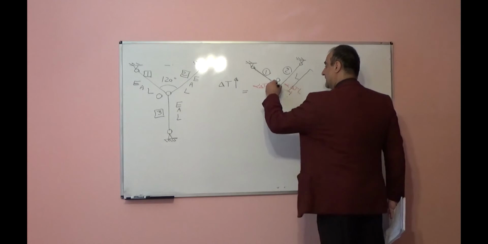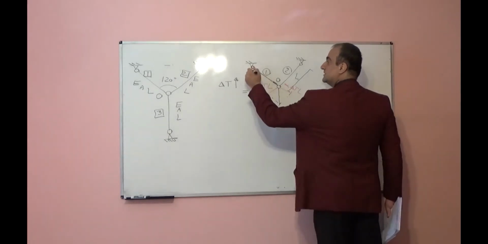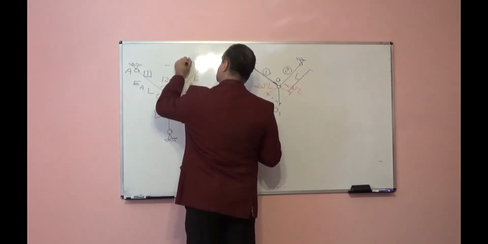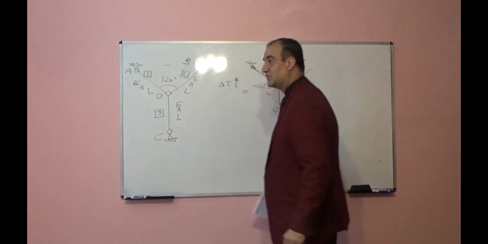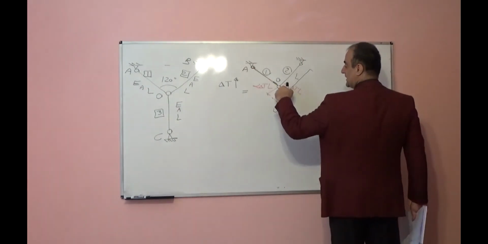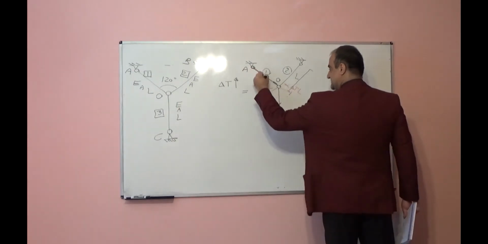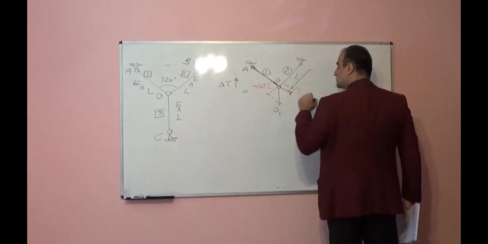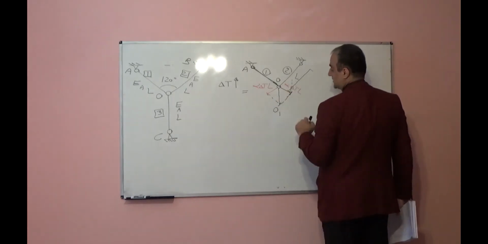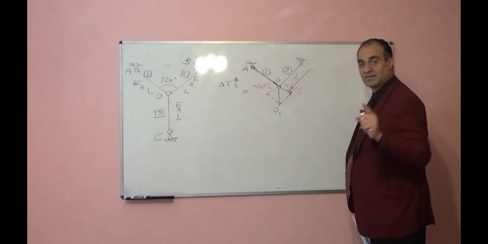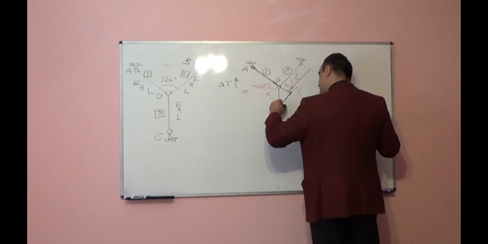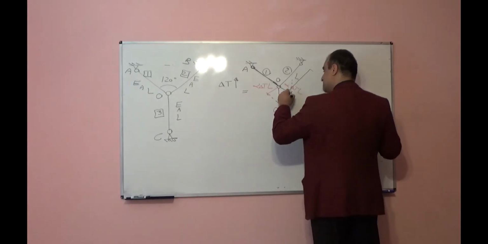In order to find that, if I name the points A, B, C, then with center A and radius L plus alpha delta TL, meaning this length, we should draw one arc. Because we are in a small deformation range, that arc will behave as perpendicular to this direction.